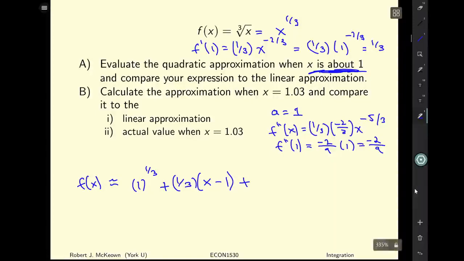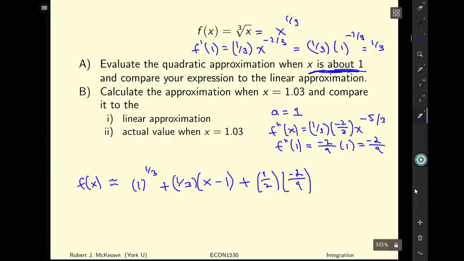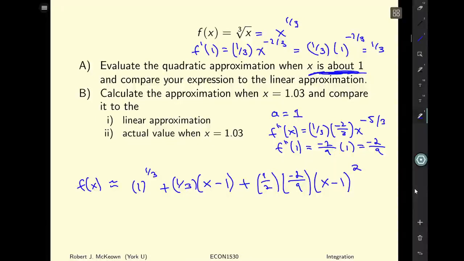So we have 1/2 times negative 2/9 times x minus 1 squared. With this second term, I'm just following the formula that I showed you on the previous page.